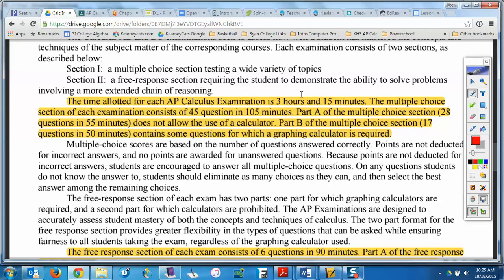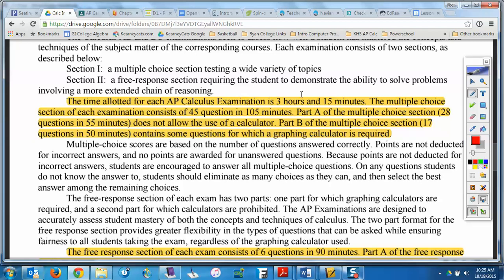And, you know, I suppose if that's something you really feel strong about, you want to talk to me about trying that, you could, but usually we do not. Okay? Because if you take the BC, the one that's through Calc 2, then you get the credit for the Calc 1 one also. So nobody would ever take both.